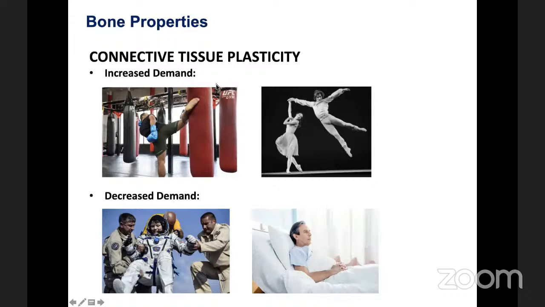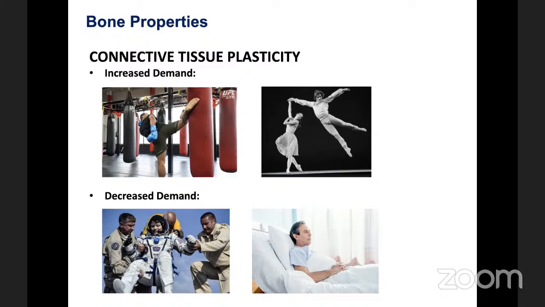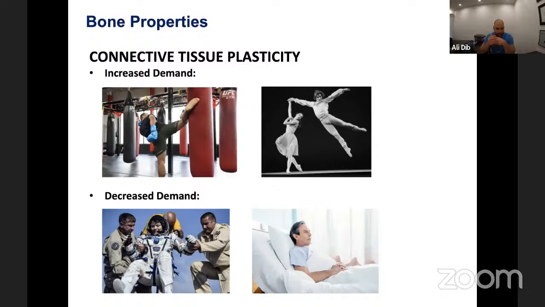So there are different types of demands we can put on our body. And I've categorized it into an increased demand and a decreased demand, right? The best real life examples I can use for increased demand are your kickboxer who's using his shin to kick the life out of that punching bag you see on the top left, and your ballet dancers who for some reason can manage to be on their toes while dancing, which is phenomenal on its own.